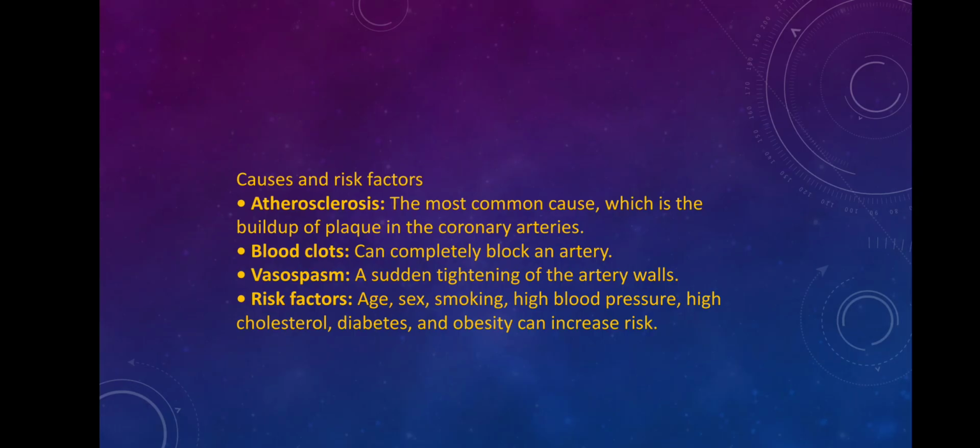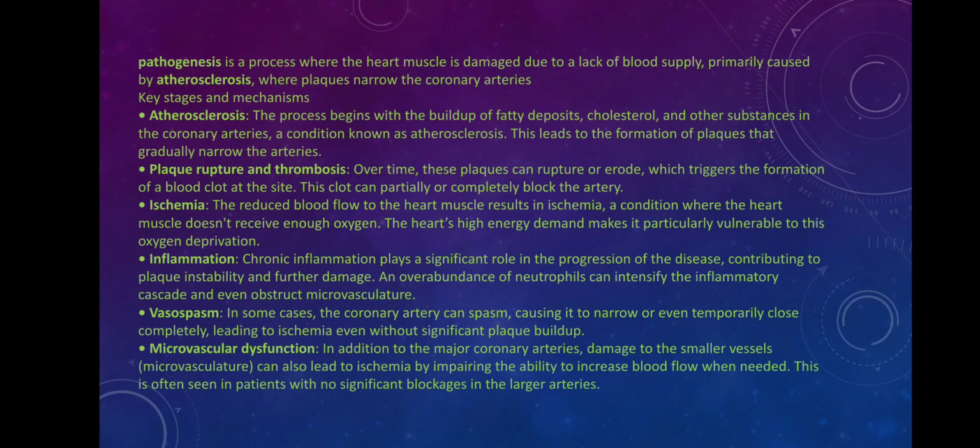Risk factors: age, sex, smoking, high blood pressure, high cholesterol, diabetes and obesity increase the risk. Then pathogenesis, how the condition develops: atherosclerosis, plaque rupture and thrombosis, ischemia, inflammation, vasospasm and microvascular dysfunction.